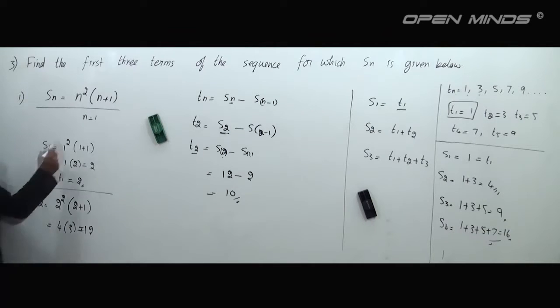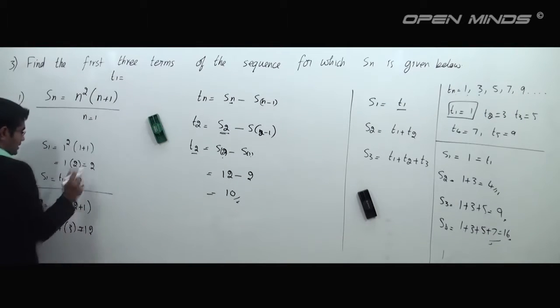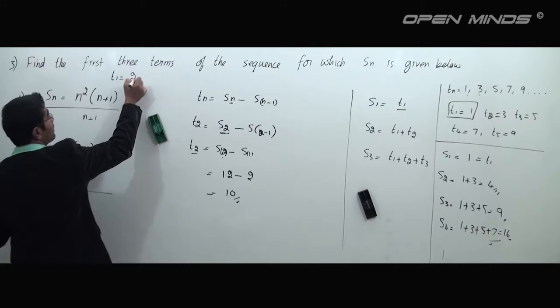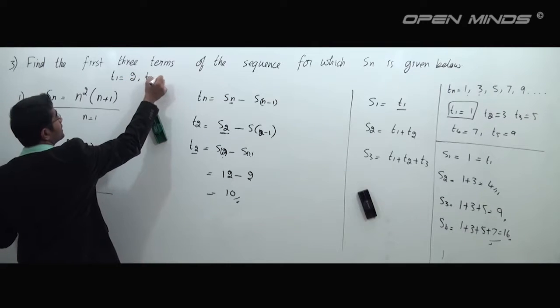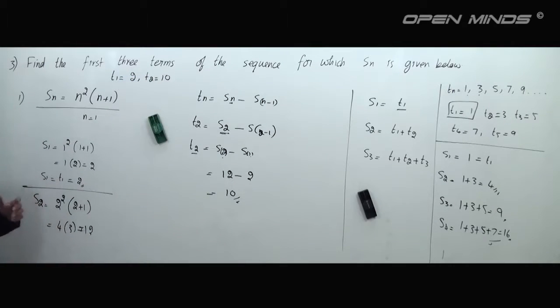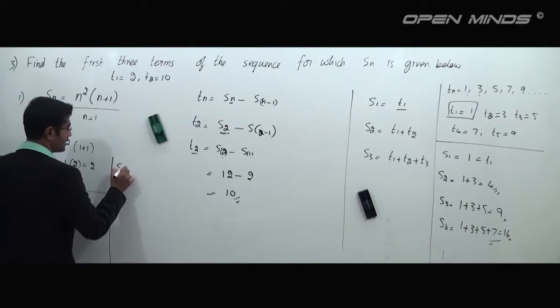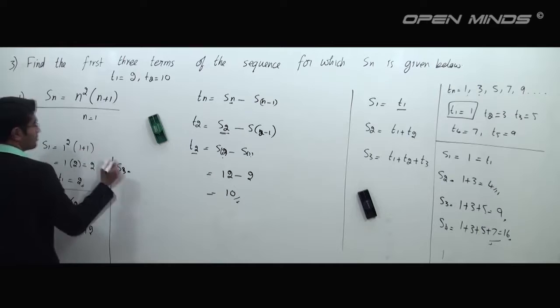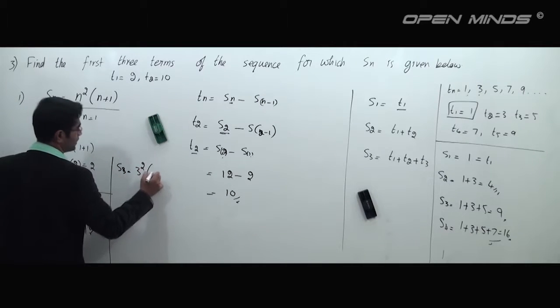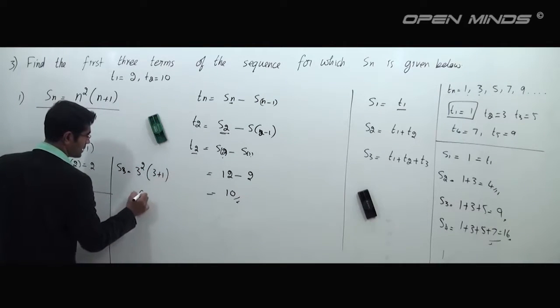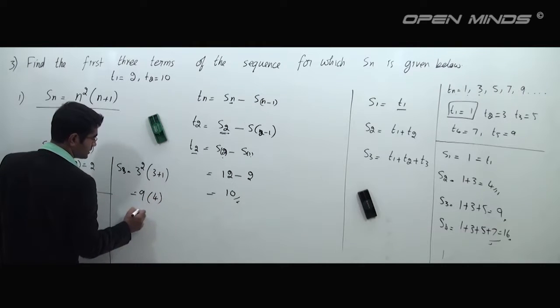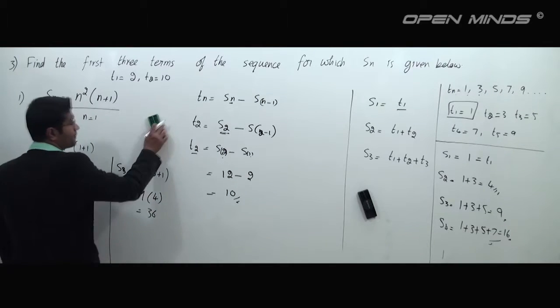So let me write that. T1 was 2, and the next term, T2, was 10. How will I get the third term? For that, I need to find S3. S3 from this formula is 3 squared into 3 plus 1, which goes like 9 into 4, which is 36.